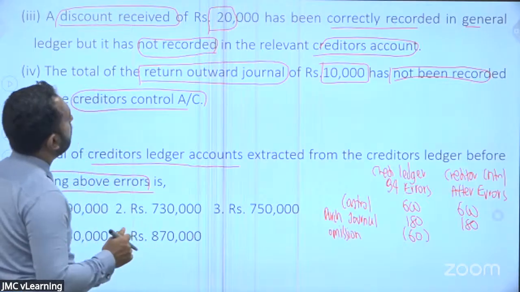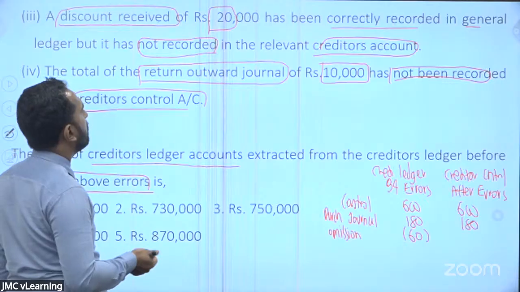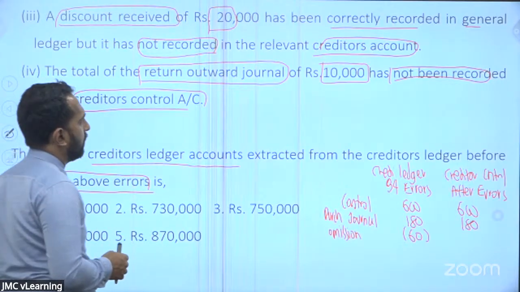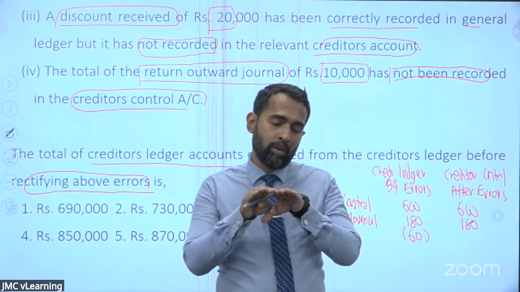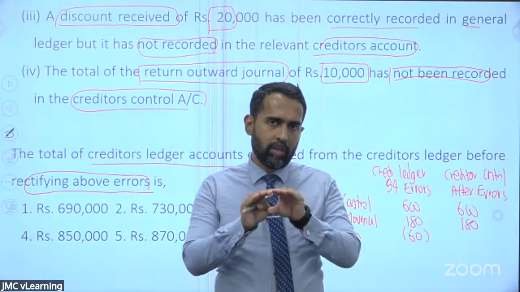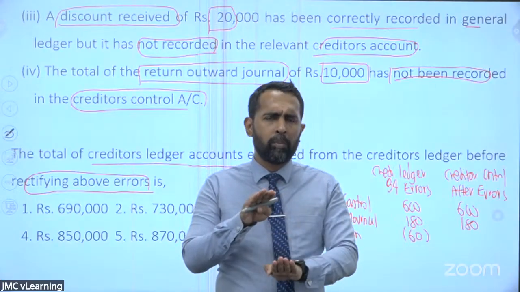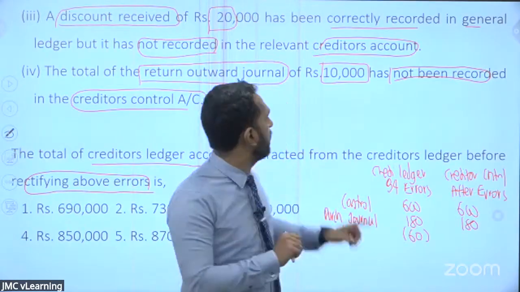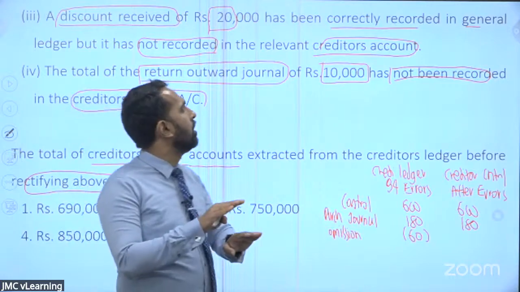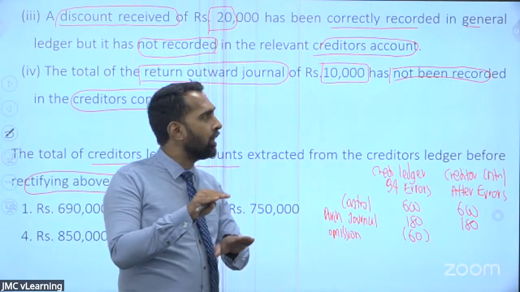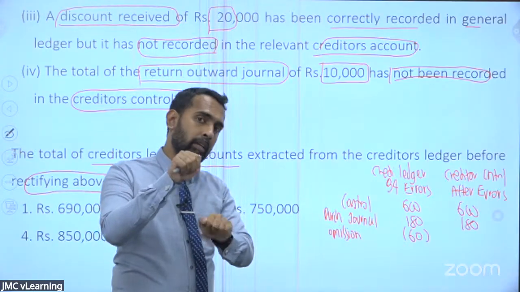A discount received of 20 has been correctly recorded in the general ledger, but it has not been recorded in the relevant creditor's account. Now, when you receive a discount, the creditor balance should come down. The creditors control account was properly deducted, since general ledger means control account. But in the relevant creditor account it has not been recorded, so the creditors ledger balance is high.